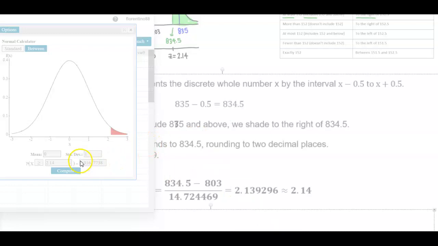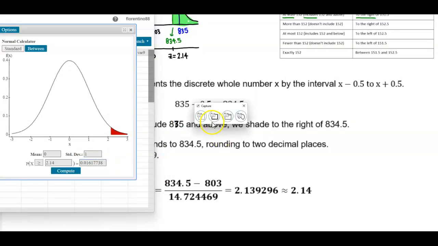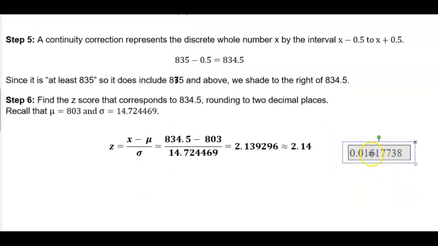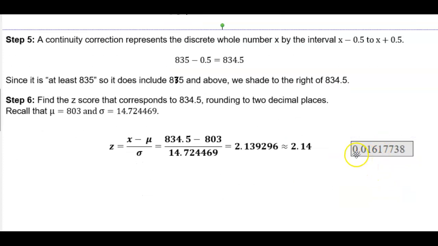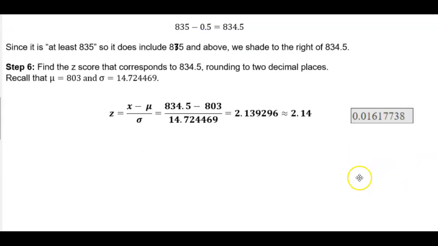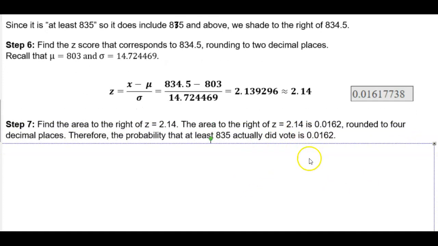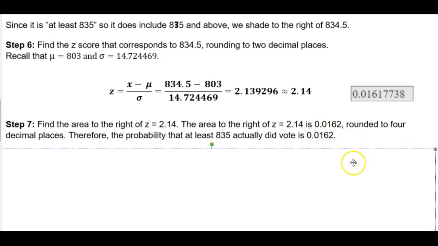Rounding it to 4 decimal places gives us 0.0162. So the area to the right of z equals 2.14 is 0.0162. Therefore, the probability that at least 835 actually did vote is 0.0162.